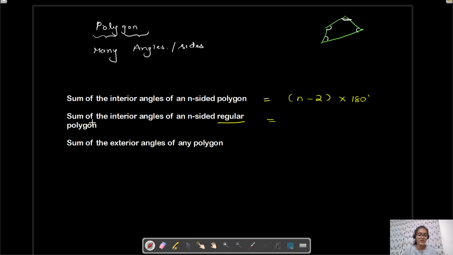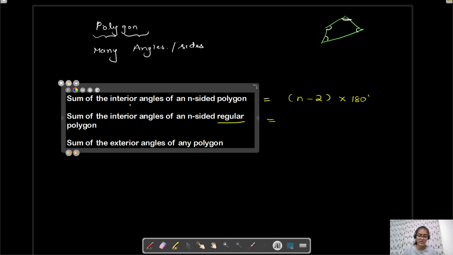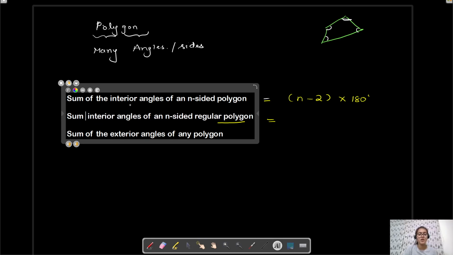Now I actually want to change this. This is going to be the measurement of each interior angle, because the sum is anyway going to be 360.